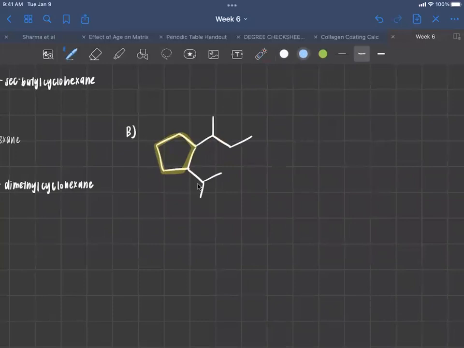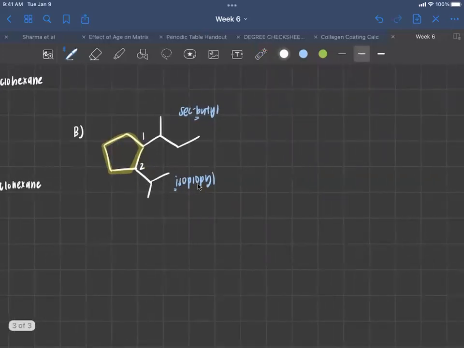Again, we have our sec-butyl and isopropyl. We're dealing here with our B versus our I. Of course, B comes first in the alphabet, so we'll go ahead and put this as 1 and then 2 for the numbering of our parent chain. So now that we have located our substituents and named our substituents, let's go ahead and name our parent chain.